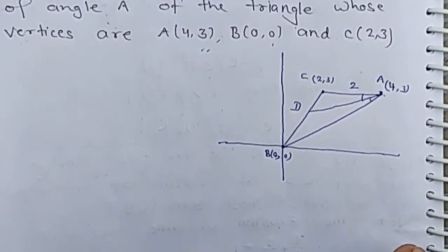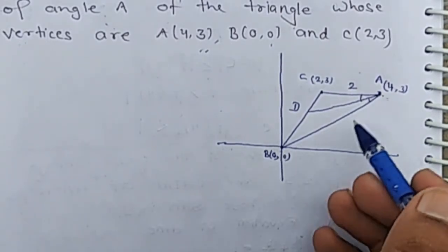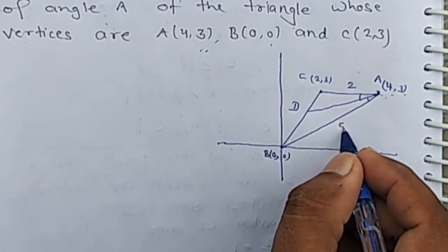Now the distance between A and B, that is between the two points (4,3) and (0,0), is 5.